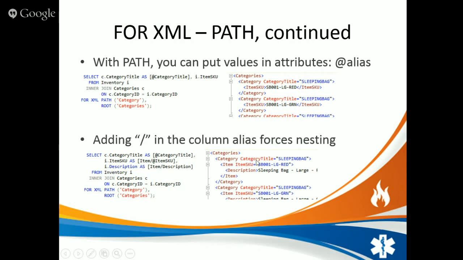The results show that we have our category with our category attribute. The next node level is item, and we want the item SKU as an attribute at that level. And then for item description, we want it in the description node, so I created a description node and added the element value there.